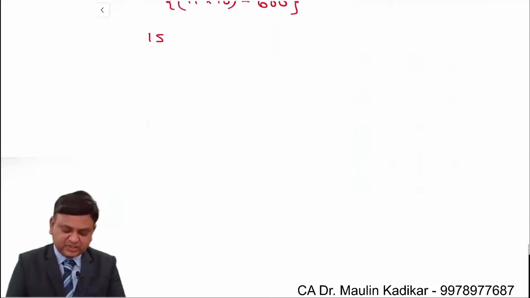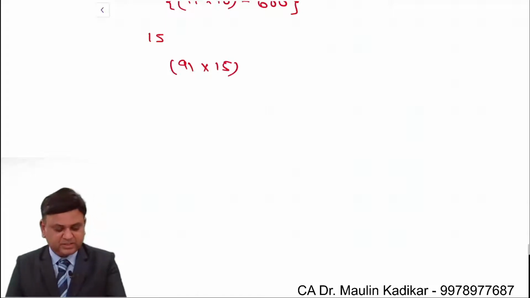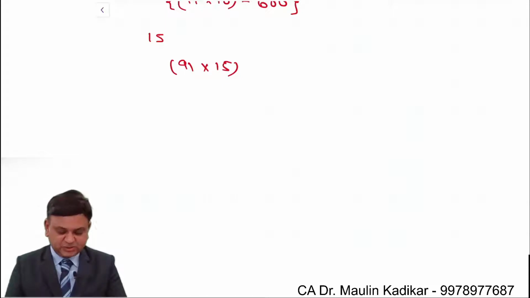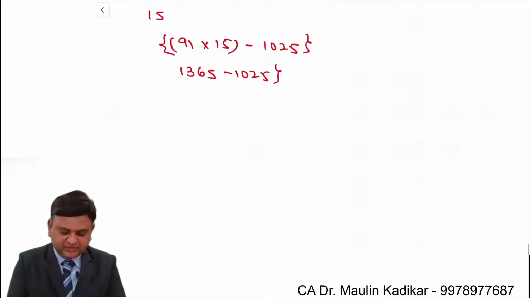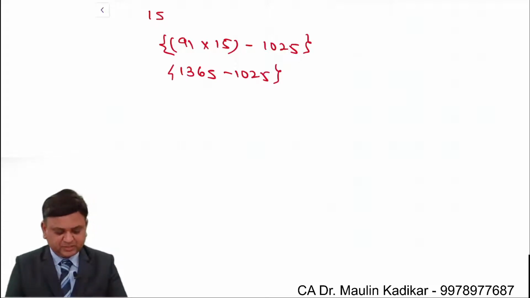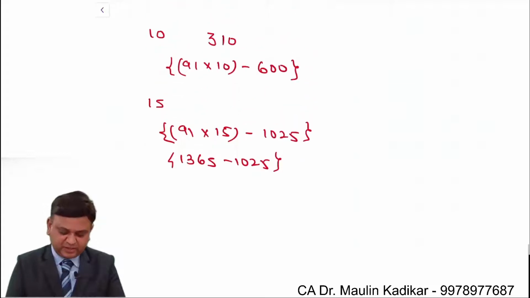If you construct 15 units, then 91 lakhs into 15 is 1365, and your construction cost will be 1025. So the difference is 340 lakhs.